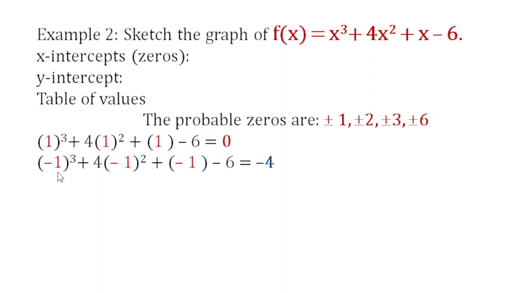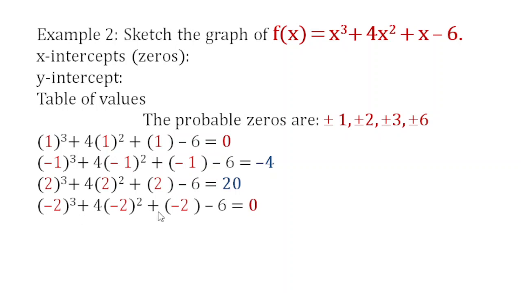If we try negative 1, it gives us the answer negative 4. So negative 1 is not a 0 of the function. Then if we try 2, it is equal to 20. It's not 0, so 2 is not a 0 or x-intercept of this function.